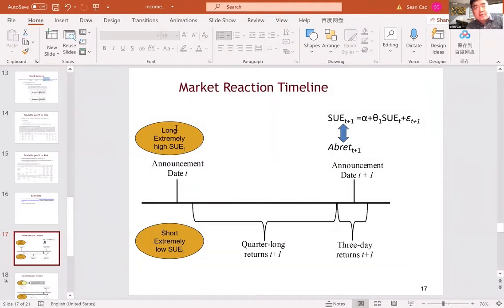So let's look at the graph here. Let's look at just the long and short. I don't want to make it too complicated for you guys, so let's look at the long side. This is time T, when the contract is announced.